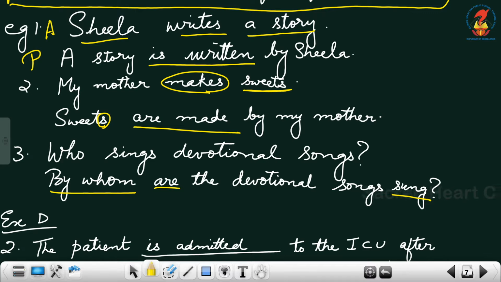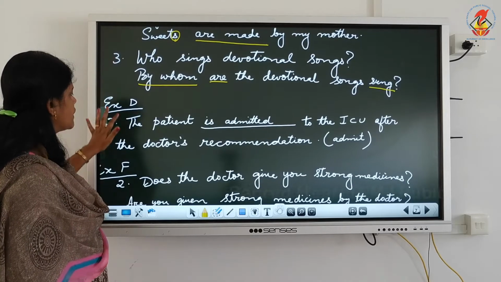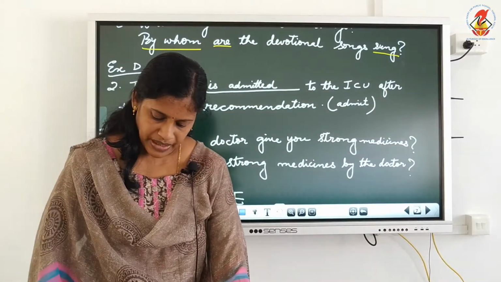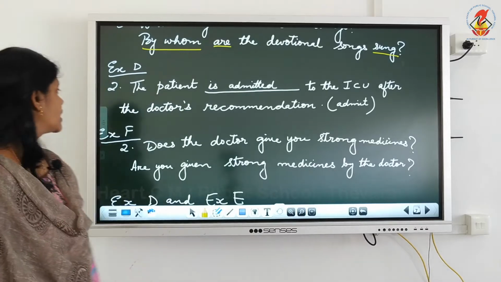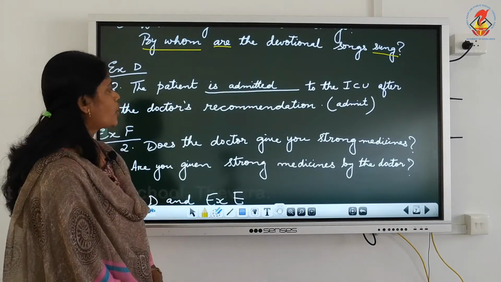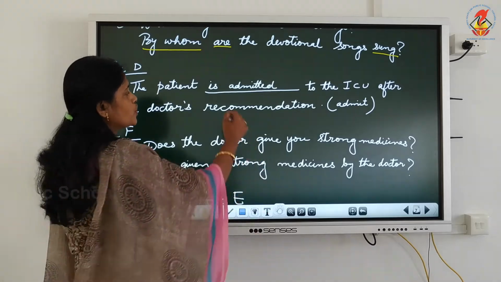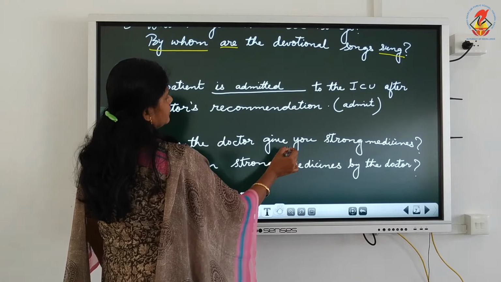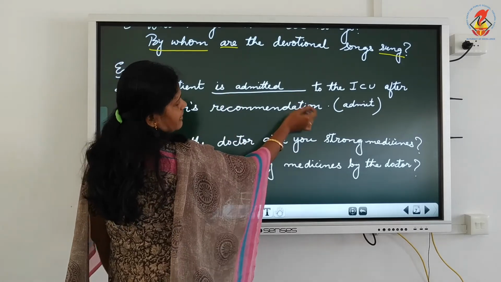Is it clear? So when it comes to your exercise D given on page number 117, the patient is admitted to ICU after the doctor's recommendation. So you have to fill this blank. It is not given there. Okay. So the patient, they have given the word admit.